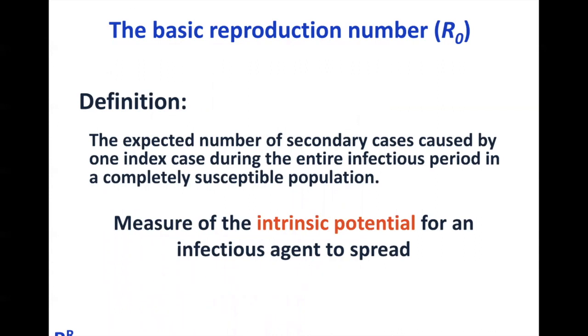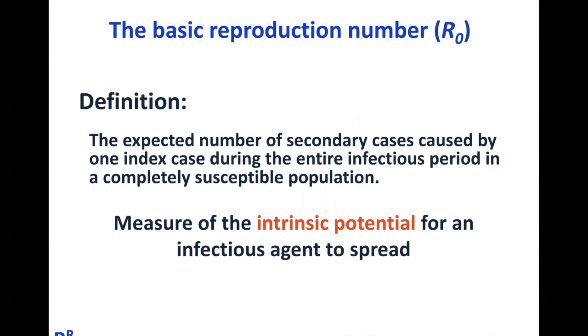What does basic reproduction number mean? The definition is the expected number of secondary cases caused by one index case during the entire infectious period in a completely susceptible population.